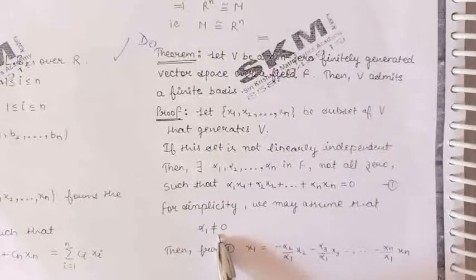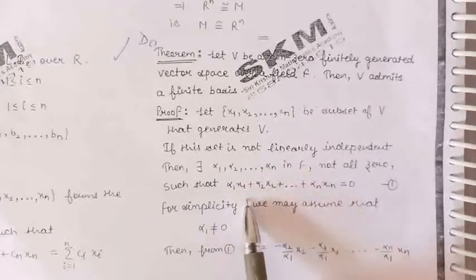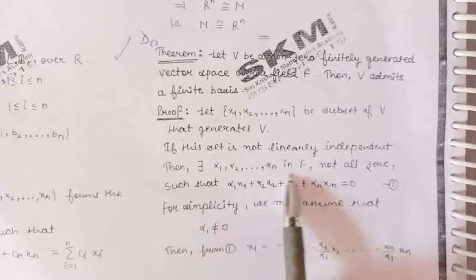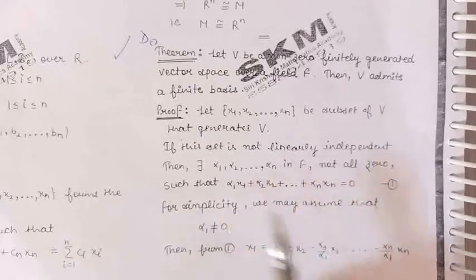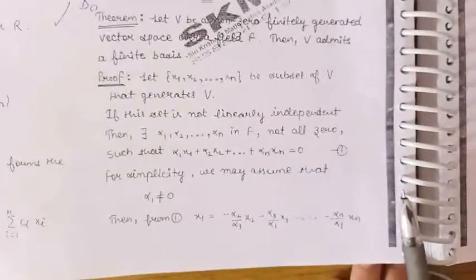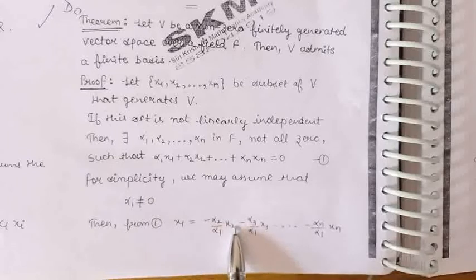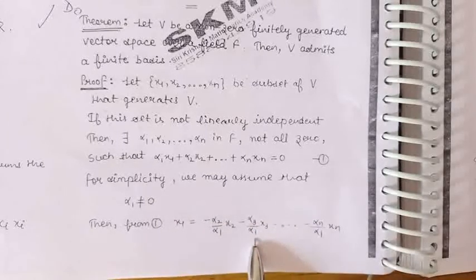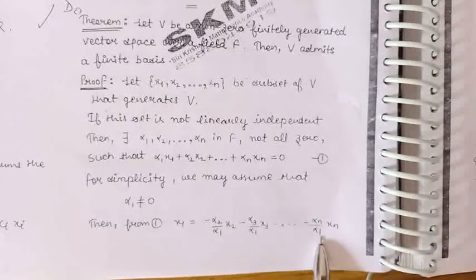Now because alpha 1 is non-zero, from this expression we can find the value of x1 by shifting these terms to the right side and dividing throughout by alpha 1. So we get the value of x1, which is given by minus alpha 2 x2 upon alpha 1, minus alpha 3 x3 upon alpha 1 and so on, minus alpha n xn upon alpha 1.